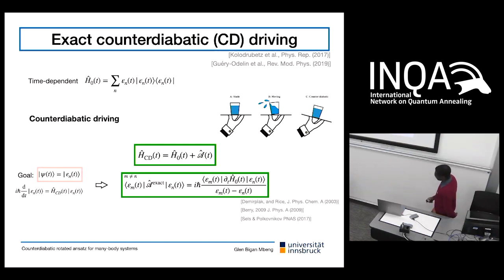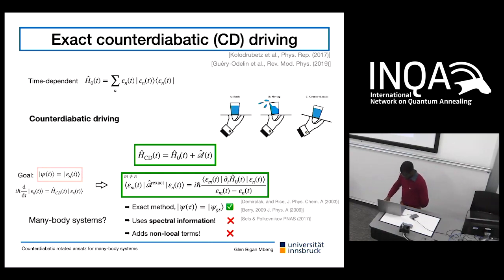So if this term is used, the final state is exactly the ground state. However, for many body systems, we have some problems. We have that this approach heavily uses spectral information, and it adds terms to the Hamiltonian which are non-local and may give rise to problems.